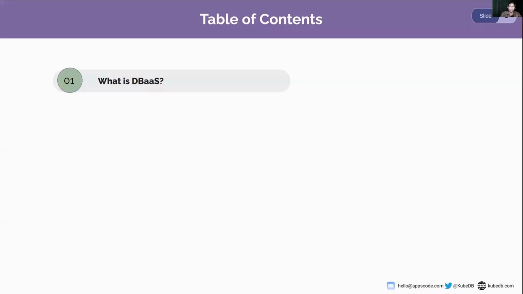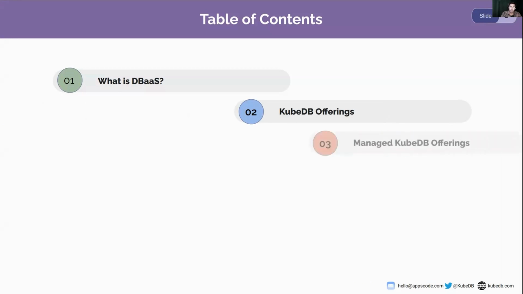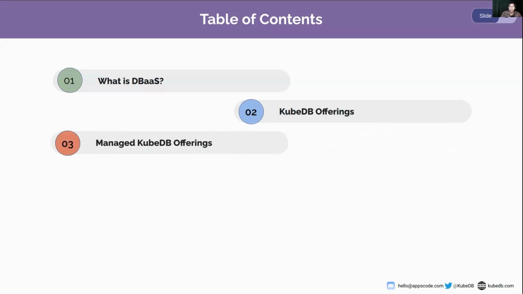Let's see our table of contents. At first we are talking about a buzzword called DBaaS, that is database as a service, and then we will look into some DBaaS offerings. Then we will discuss our current KubeDB offerings, that is, what KubeDB offers as a product at this moment. And then we will discuss what Managed KubeDB comes up with, the new features on top of KubeDB.